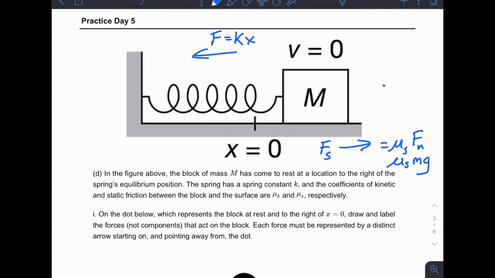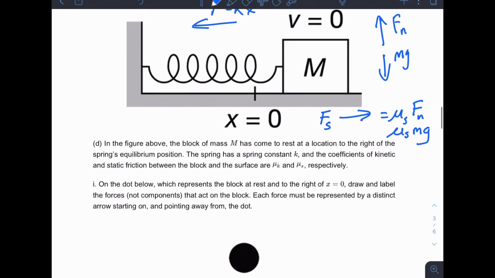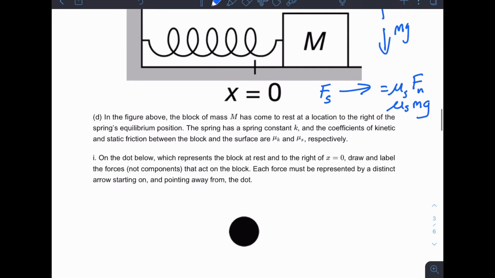We also have gravitational force and normal force. Keep that in mind. So that's what this is asking. First thing here, on the dot below, which represents the block at rest and to the right of x equals 0, draw and label the forces. So we would just do Fn straight up.